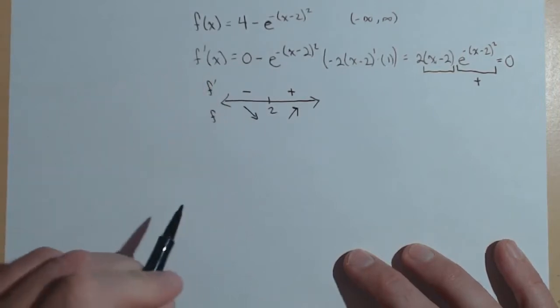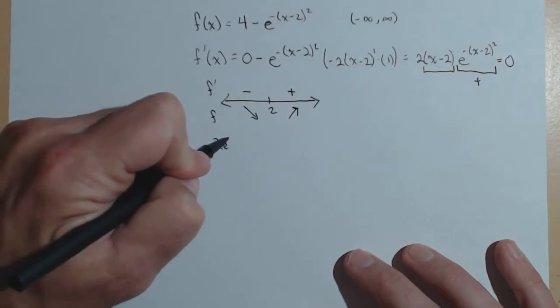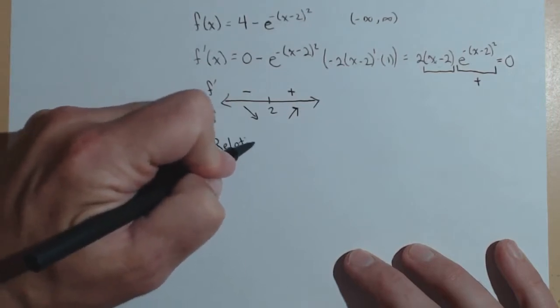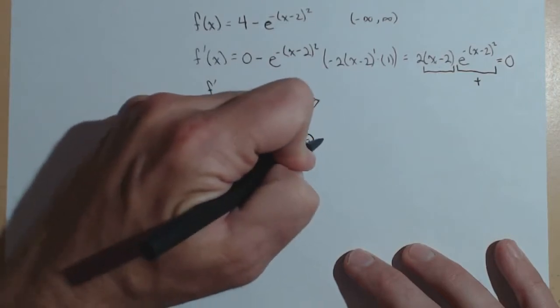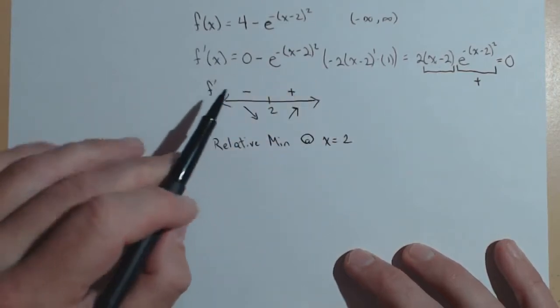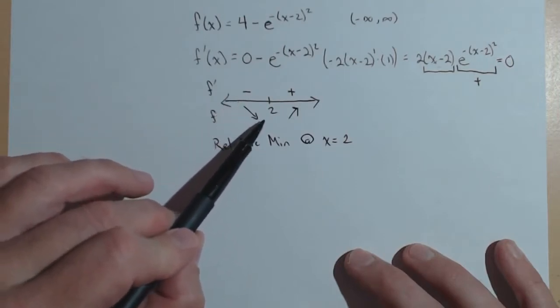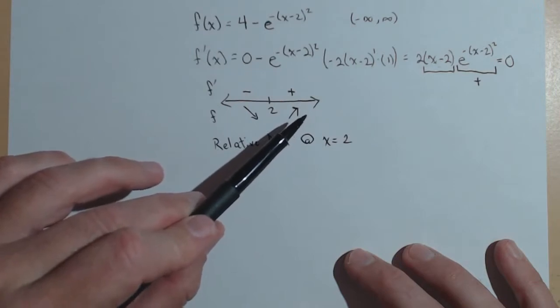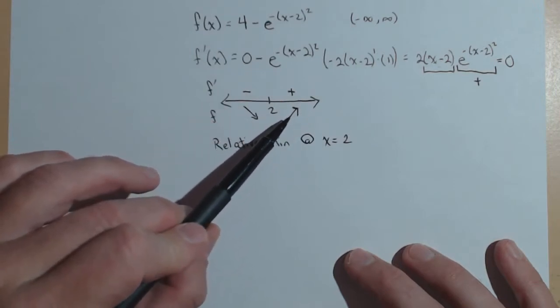So our function is decreasing. So right now, we can definitely conclude that we have a relative minimum at x equals 2. Now, what we know of this function is it's decreasing to 2 and then increasing after 2. It's always decreasing before 2 and it's always increasing after 2.